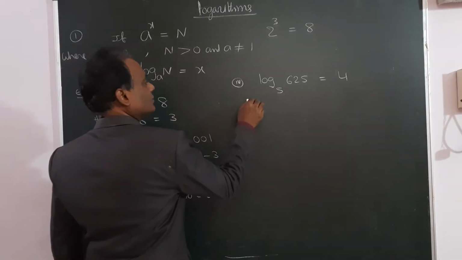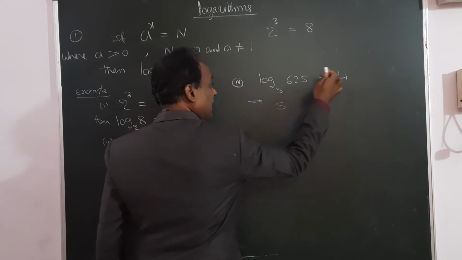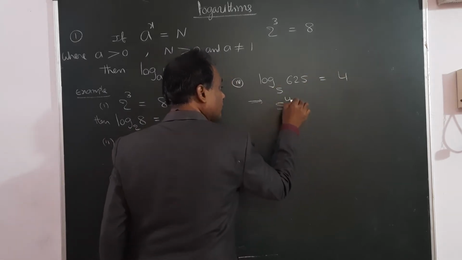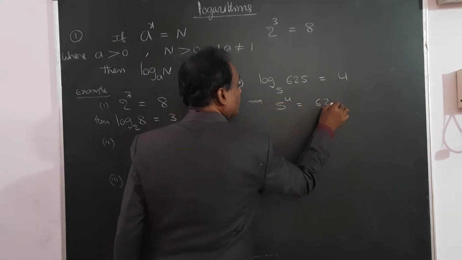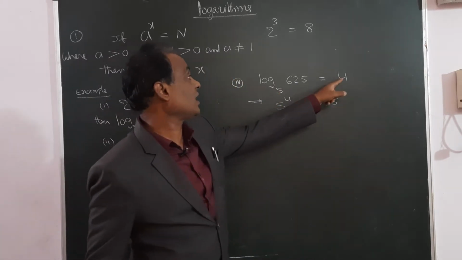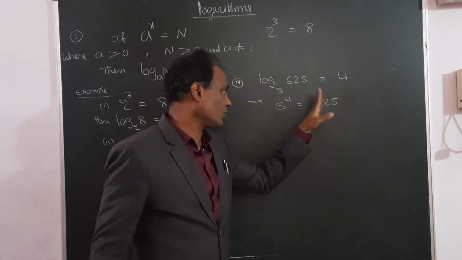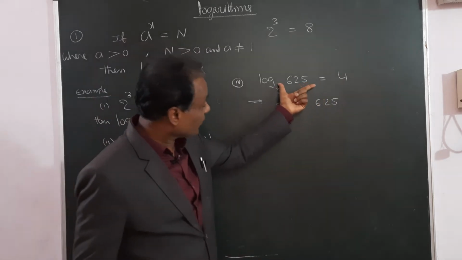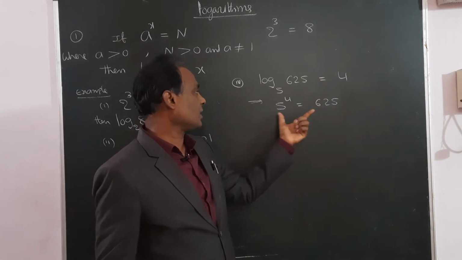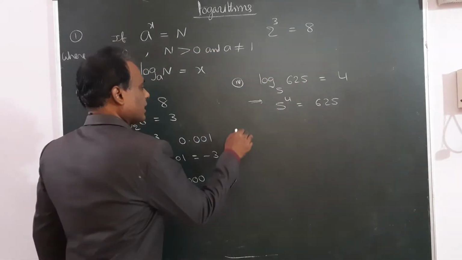How to write? Base will become base, right side will become power. 5 power 4 is equal to 625. Base becomes base, right side will become the power, the exponent, and 5 power 4 is equal to 625. That is, if logarithmic form is given, we can remove the logarithm. Again we go back to exponential form. One more example.